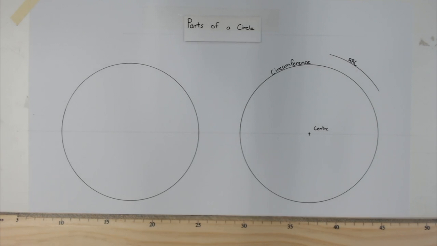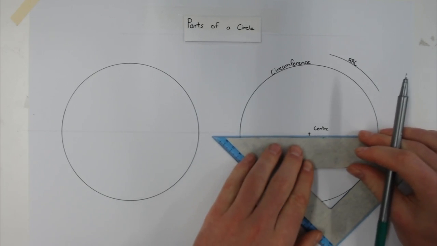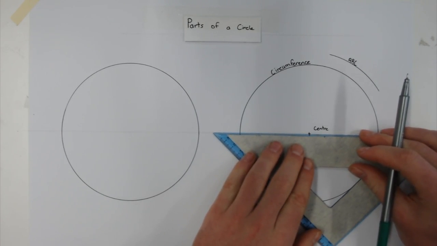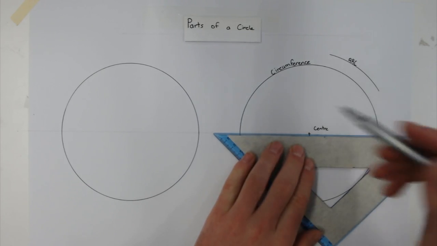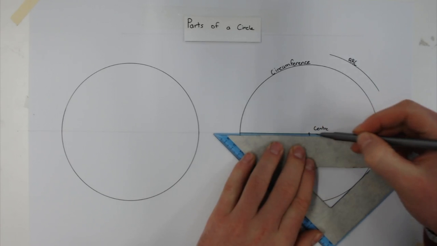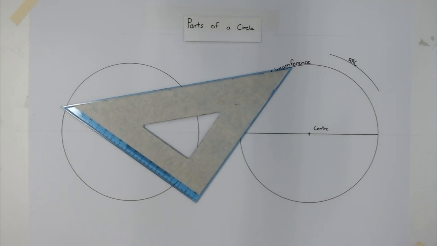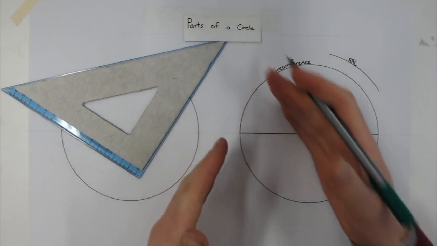So the next part that we're going to do is the diameter. Now, the diameter is a line or a chord that passes through the center. So by passing through the center, I'm just going to draw that through here. Perfect. By it passing through the center as such, that means that it is going to be the full, maximum width, okay?